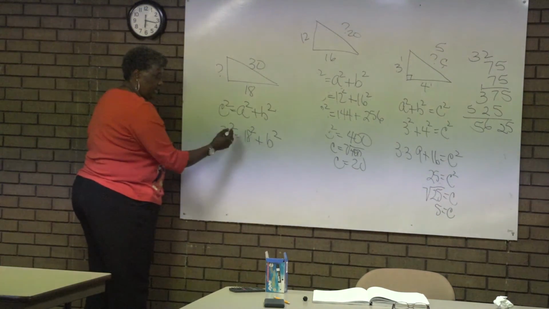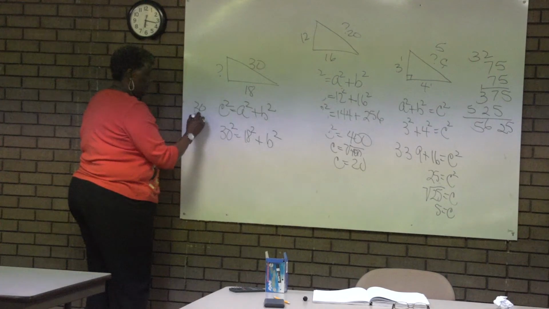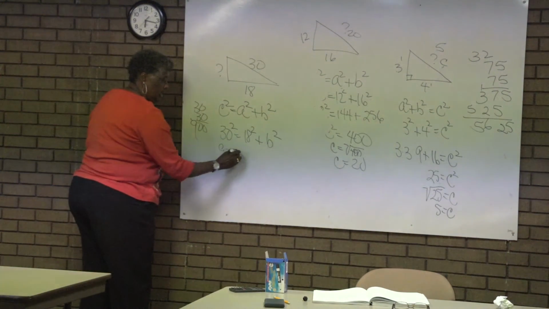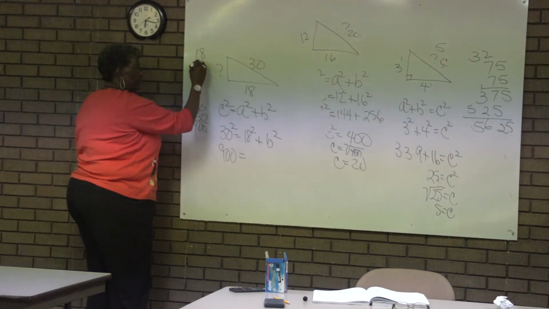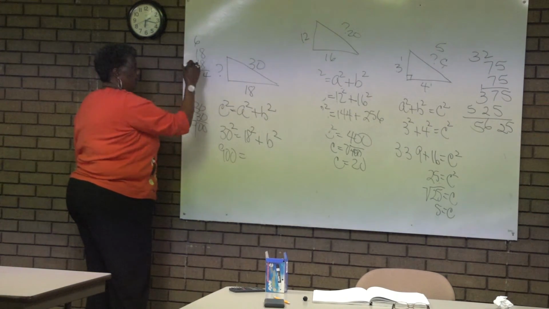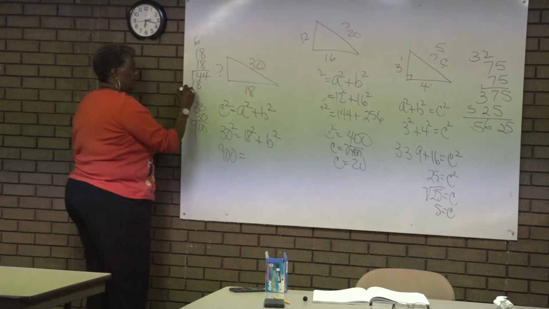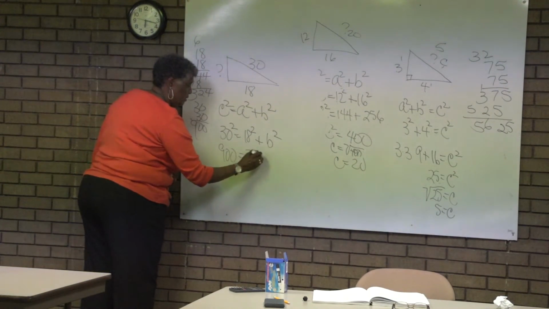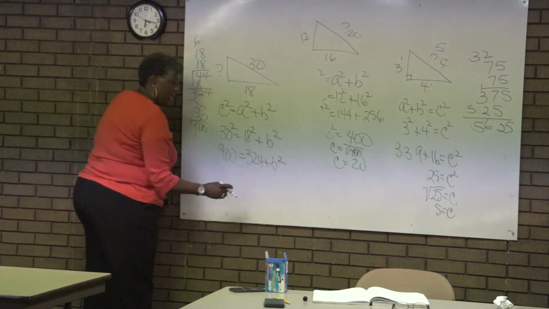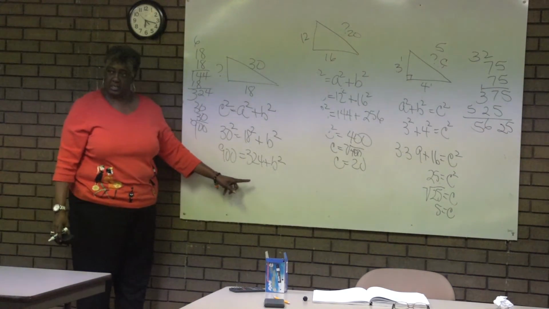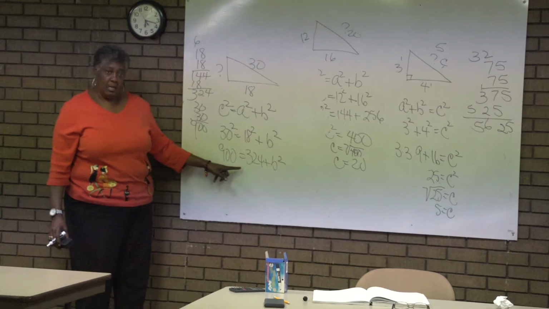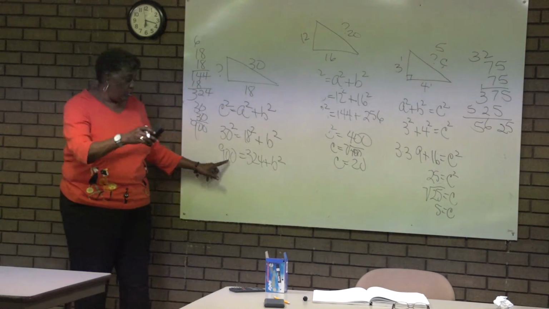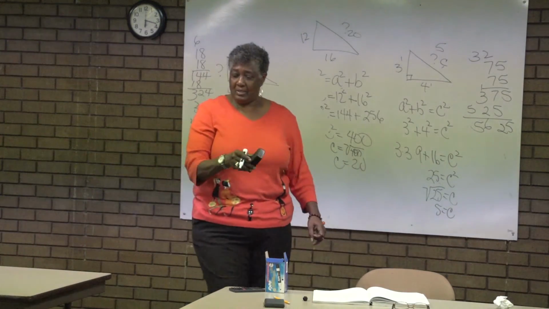When I find out what this is, equal to this, how am I going to find out what this is? I got to subtract this from this, right? So we're going to look to see. Now we know what has to happen.